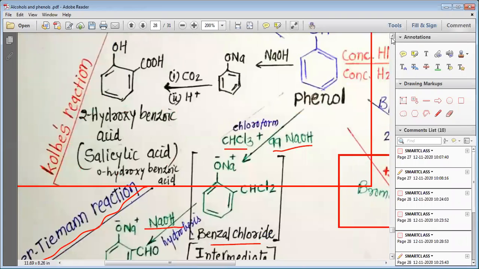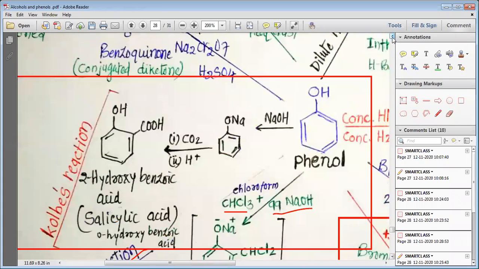So Kolbe reaction simply converts phenol into salicylic acid. In this reaction, phenol is first treated with sodium hydroxide so that we get sodium phenoxide. This sodium phenoxide, when treated with carbon dioxide and acid, gives us 2-hydroxybenzoic acid, which is also known as salicylic acid. It is also known as orthohydroxybenzoic acid.